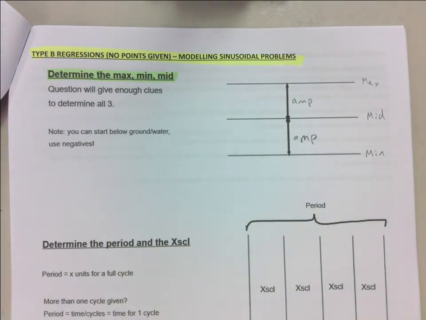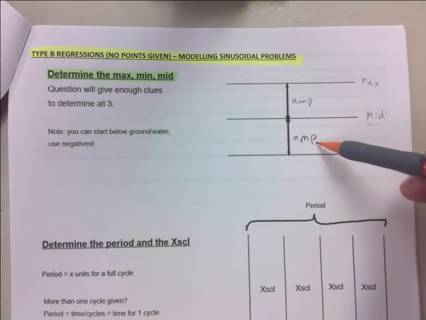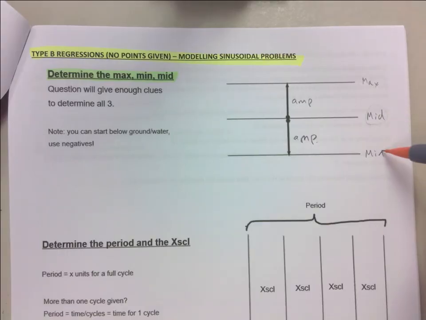I think it is fair to say that if they give you any two, listen carefully, you can figure out the rest. For example, if I were to give you the midline is 0 and amplitude is 2, what would the min be? -2, and this would be +2.